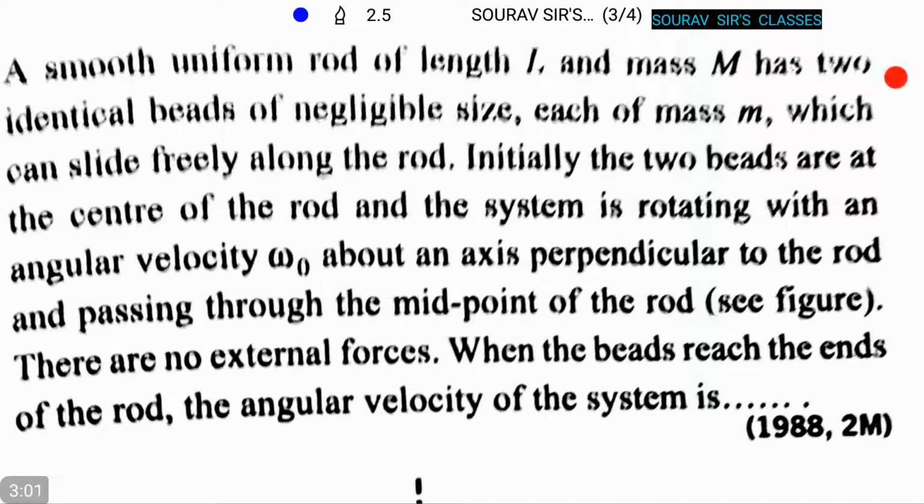Now let's proceed to the next question. It's a very important question and it's simple, so easy. The question is: a smooth uniform rod of length L, the length of the rod is given, and mass is also given, that is m, has two identical beads of negligible size, each of mass m, which can slide freely along the rod.